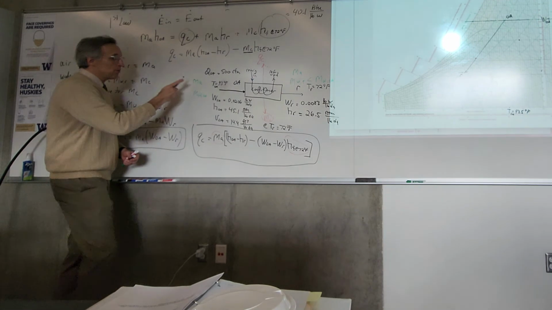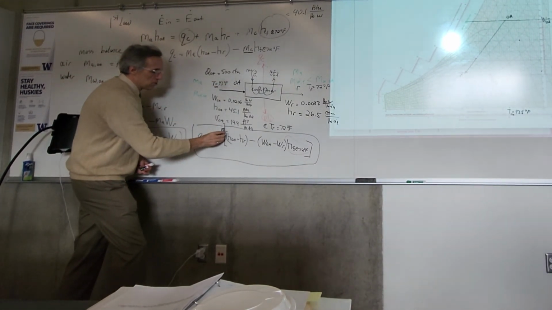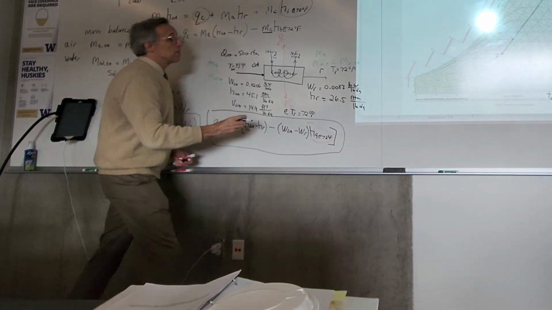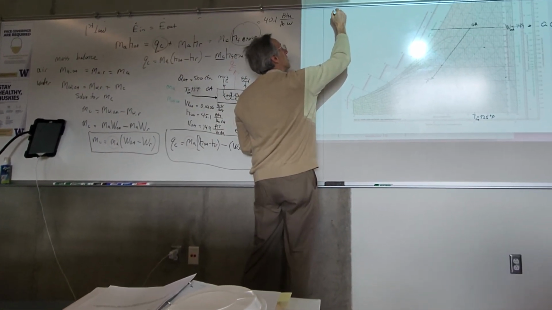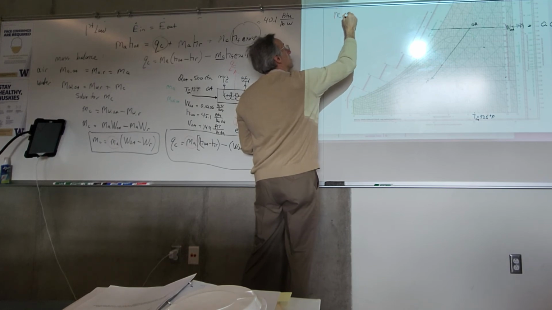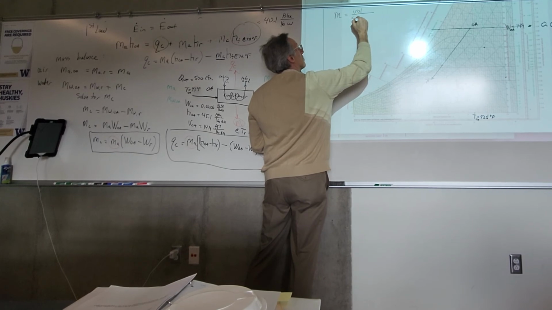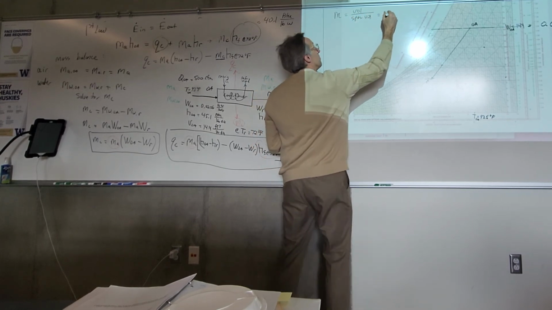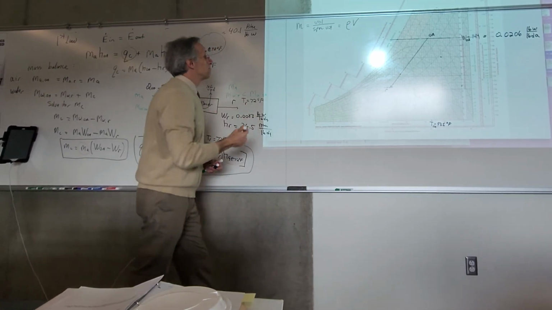Q is 500. We're bringing in outside air at 500 CFM, and we know what the specific volume is. Remember, mass is equal to volume over specific volume, or density times volume.